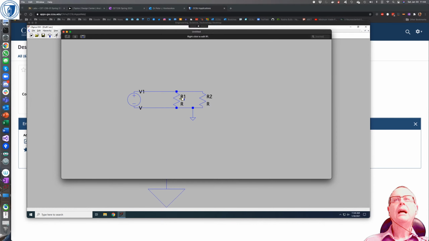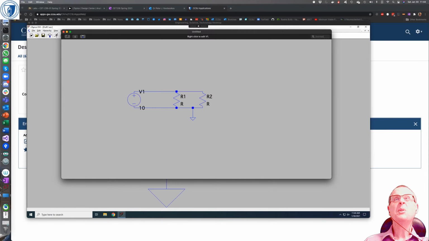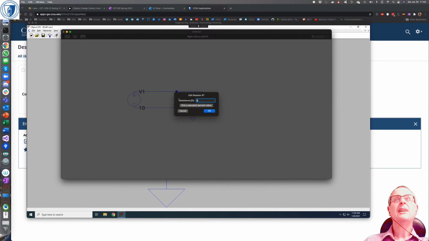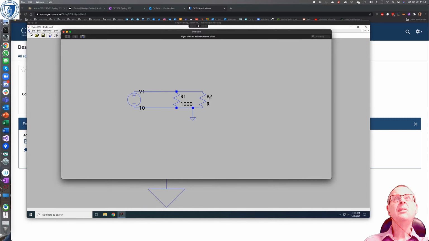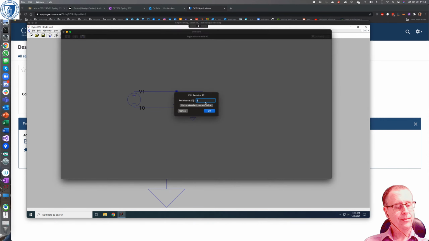Okay, I haven't set up any actual voltages, right? So I can set that up for 10 volts. I haven't set up any actual resistances. I'm going to set that to 1000, and I'm going to set that one to, I don't know, 2000.